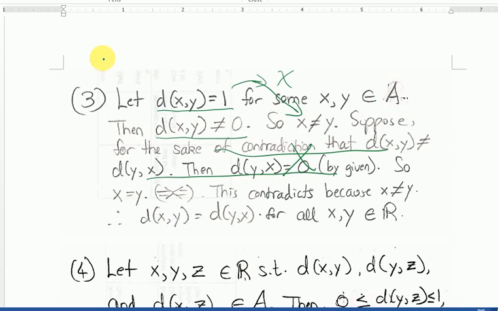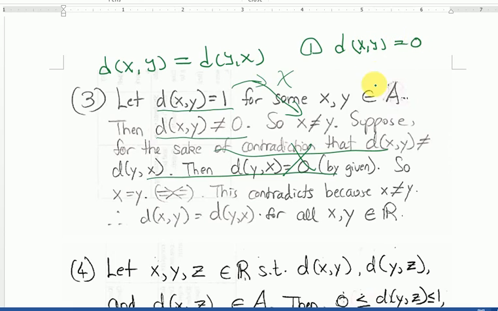The condition 3 says we always get d(x, y) is the same as d(y, x), right? So the first thing you have to say is, okay, d(x, y) is 0, right? And by the definition, x and y must be the same, right? Then that means y equals x, right?